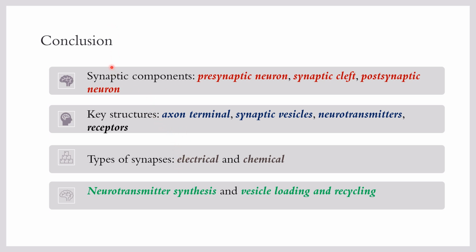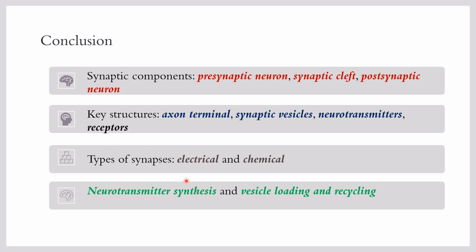Now, to conclude, I will retake the three key components of the synapse: the presynaptic neuron, the synaptic cleft, and the postsynaptic neuron. The key structures that help the communication between the two cells are the axon terminal, the synaptic vesicles filled with neurotransmitters, and the receptors.